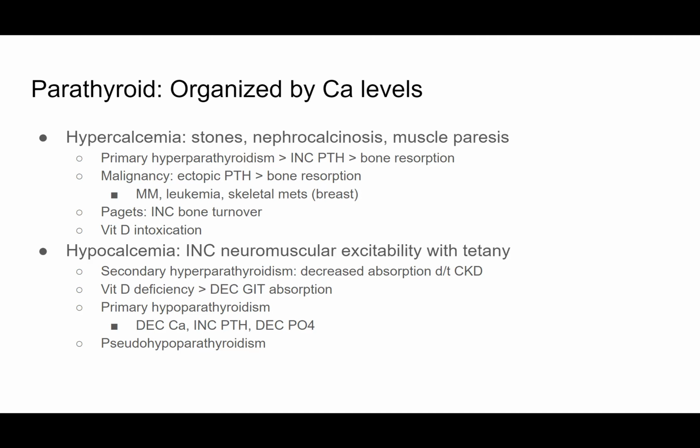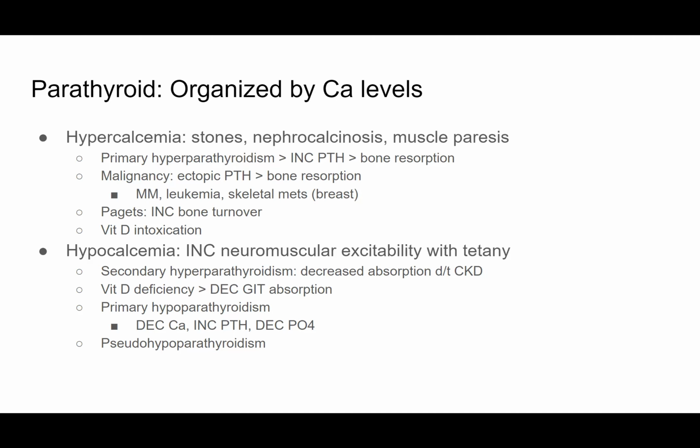Remember, vitamin D increases the level of absorption at the level of the GI system. So it makes sense that if you have vitamin D intoxication, then you are going to get hypercalcemia. Now, hypocalcemia: the symptoms here are increased neuromuscular excitability and tetany. So how do you get this? Secondary hyperparathyroidism.